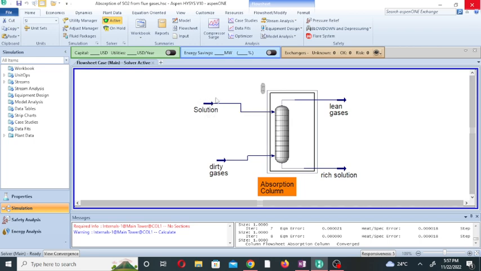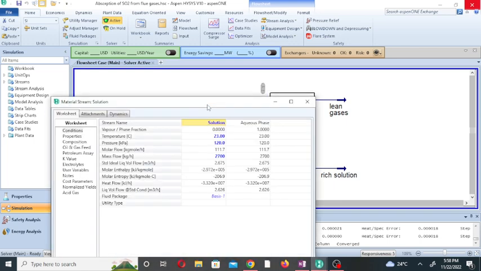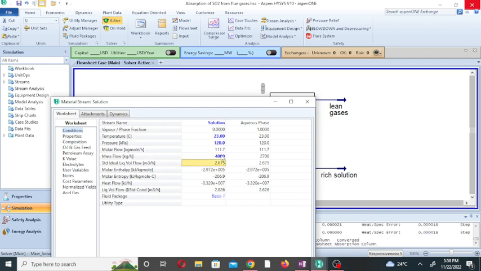So click on the solution and open it. The solution is 2700 kilogram per hour. I am just increasing it to 4000 kilogram per hour.